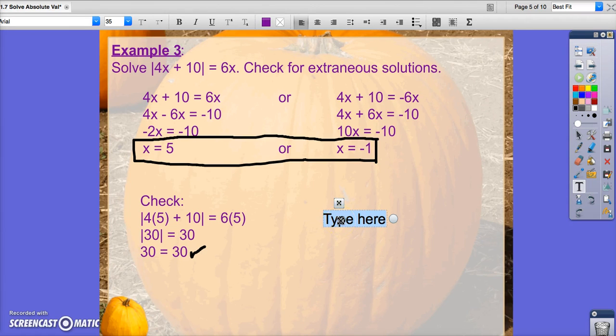All right, well, let's try the other one. You plug negative 1 back into the original. So always the original, not what you solved. And you'll probably start to see what the issue is going to be in this one.